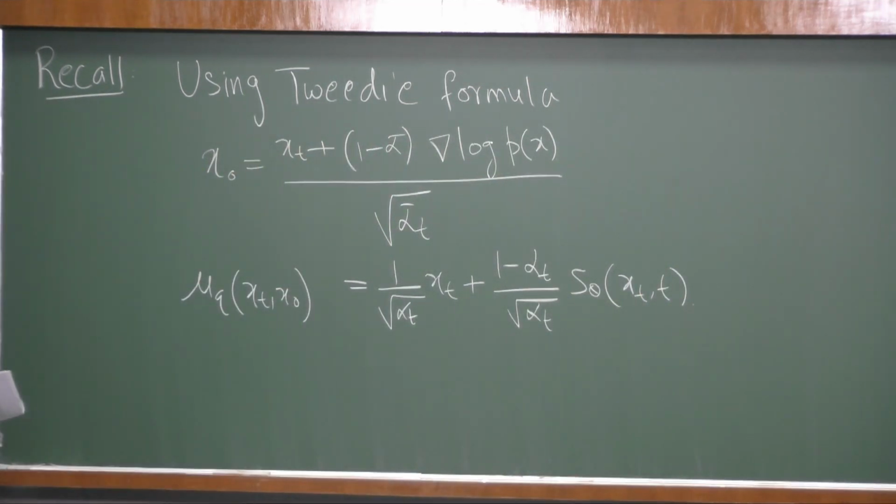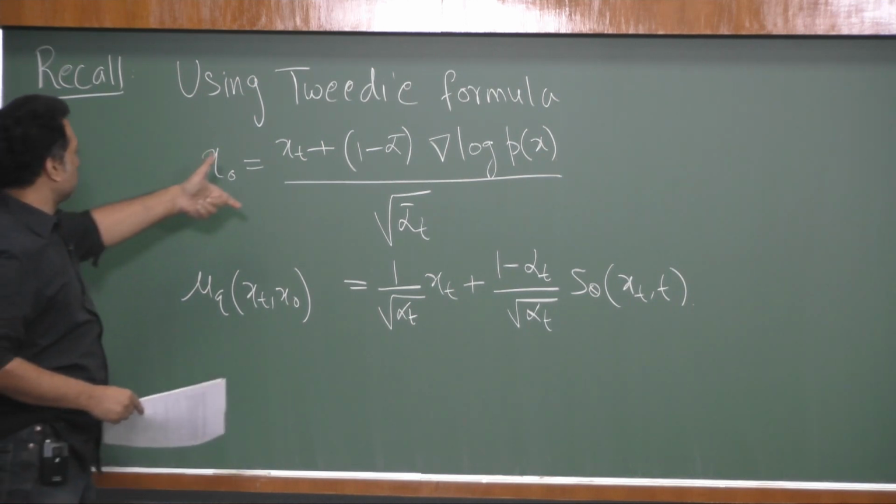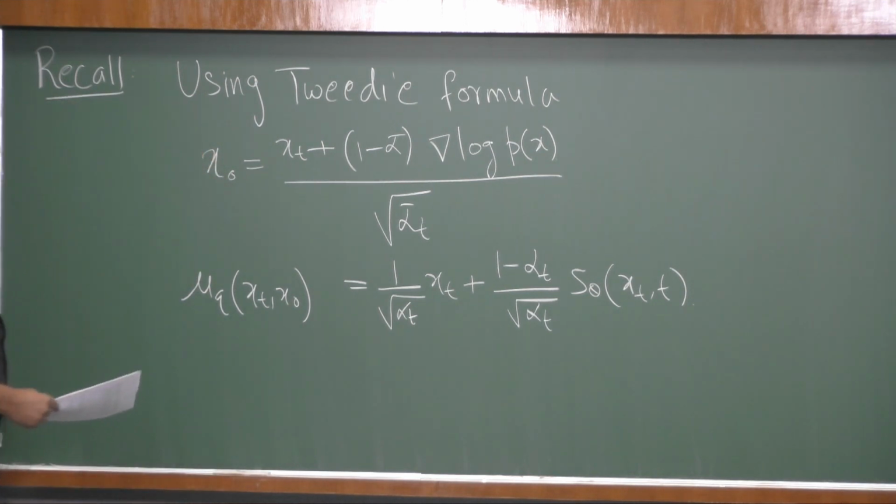So with this Tweedie's formula, we could write down the x naught, and basically how x naught and xt are related, and from there we could write down the expressions for the mean.